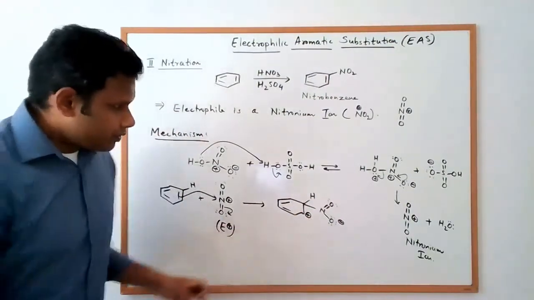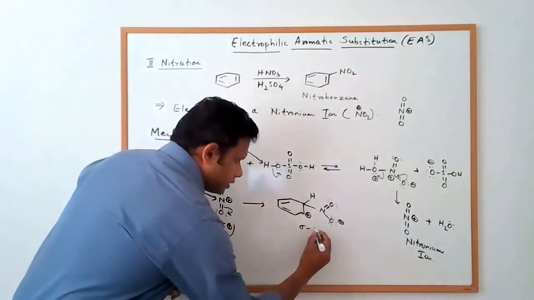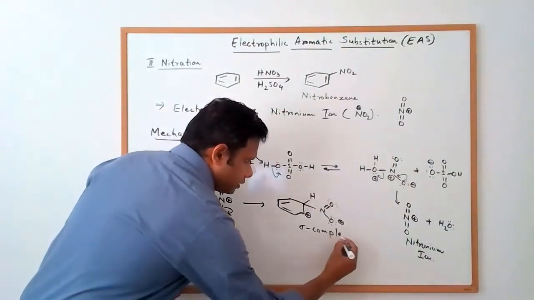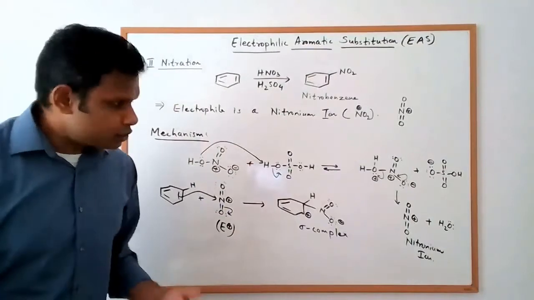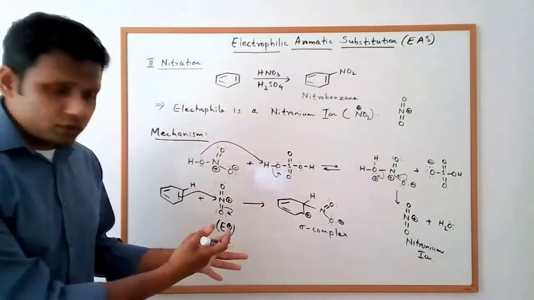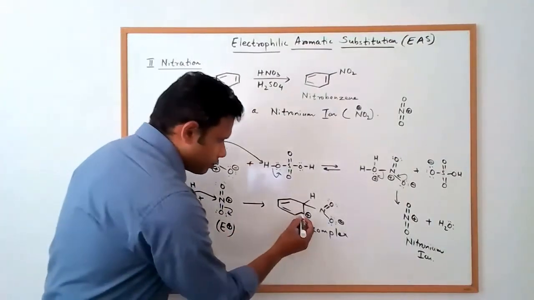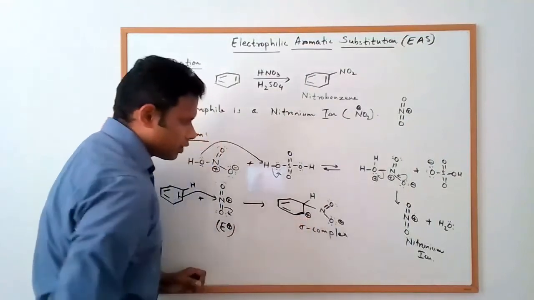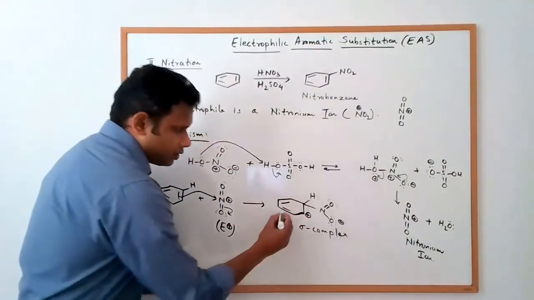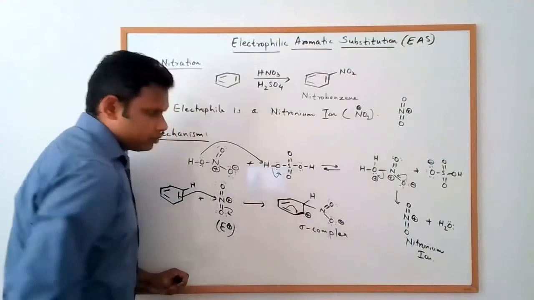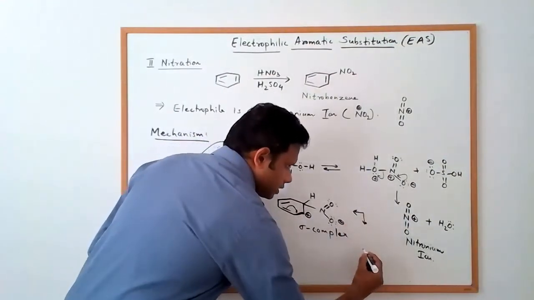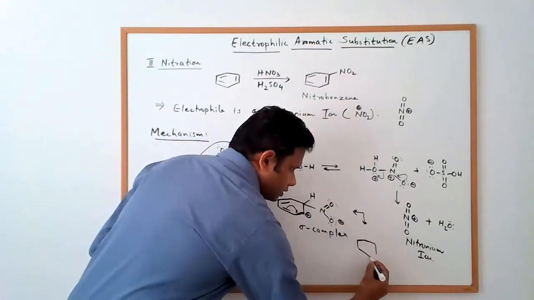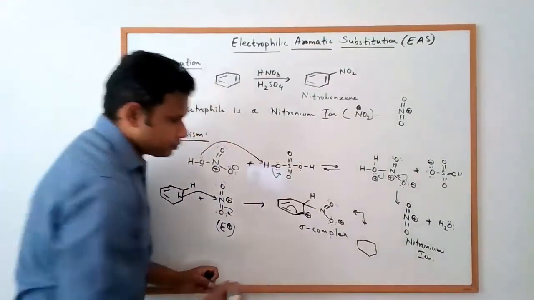Now, as we've seen earlier, this sigma complex is resonance stabilized. You don't have to show the resonance here, but I'm going to show it so that we can practice it on another sigma complex. So essentially, the pi bond here can move, and that would give us the next resonance form for this sigma complex.